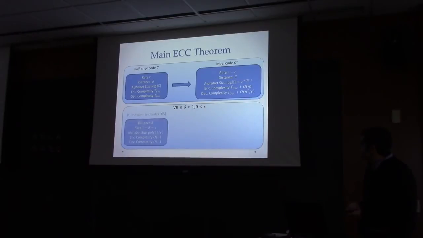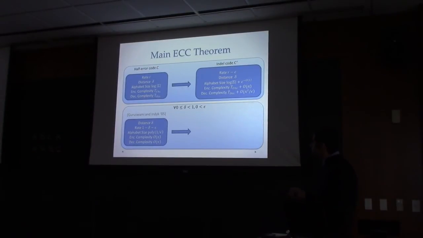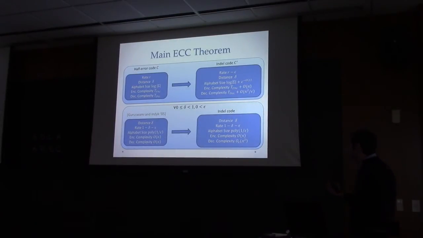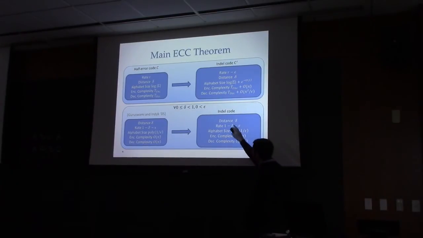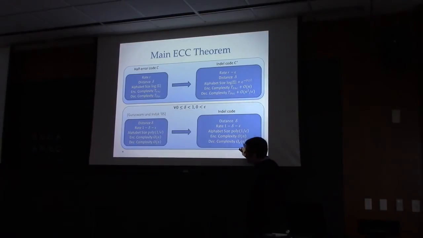And so if you use this famous error correcting code, which was introduced in the work by Venkat and Piotr Indyk in 2005, this implies that you can have insertion deletion codes with distance delta and rate 1 minus delta minus epsilon for any delta and epsilon, with linear encoding complexity and n squared decoding complexity.